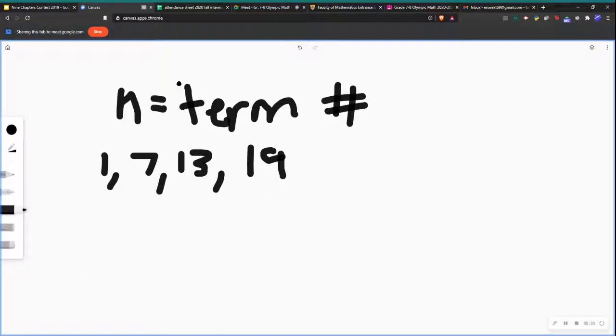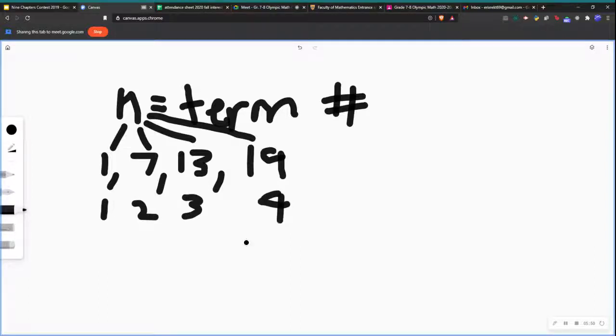We want to find a relationship between n and each of these numbers. Remember that n increases as you go to higher numbers. So this is n equals 1, this is n equals 2, this is n equals 3, n equals 4. You want to find a formula that relates these numbers together.